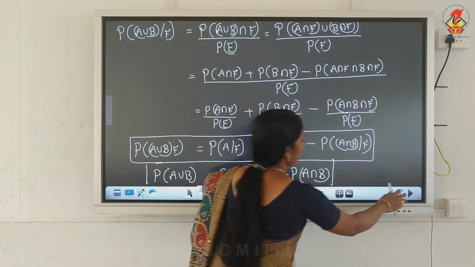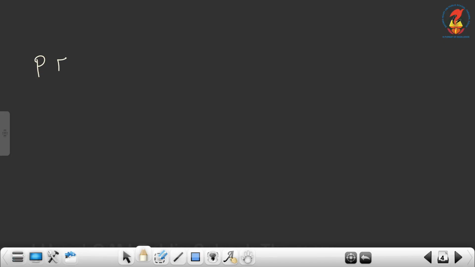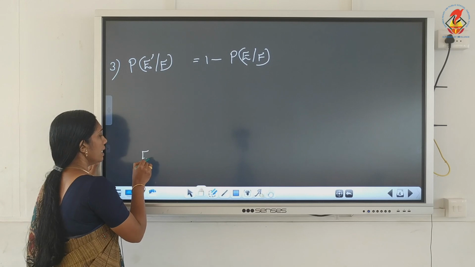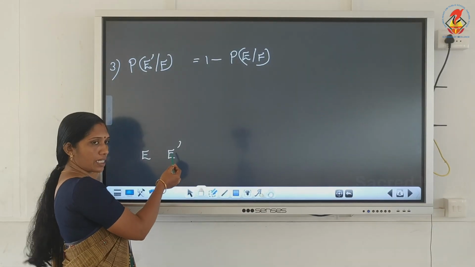Now, one more property, that is P of E complement given F. This is the third property. P of E complement given F is equal to 1 minus P of E given F. E and E complement are complementary events, complement of a set.